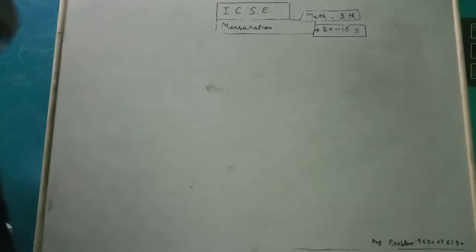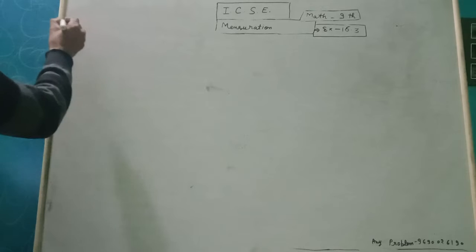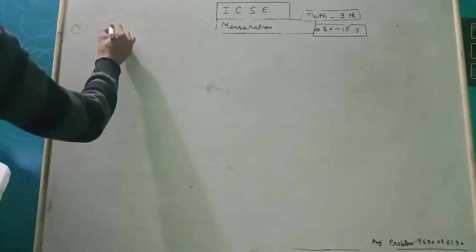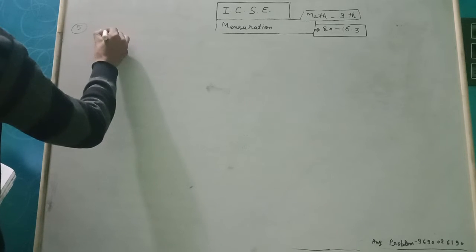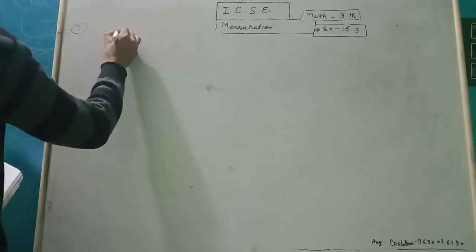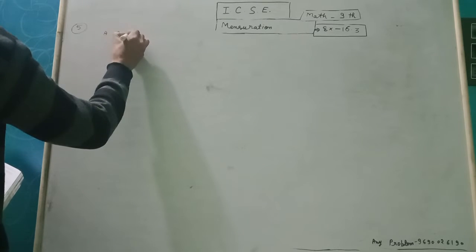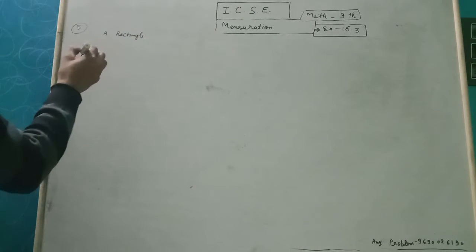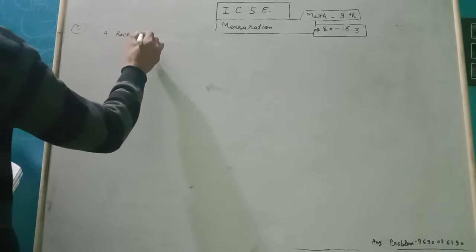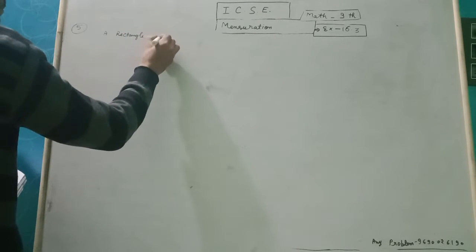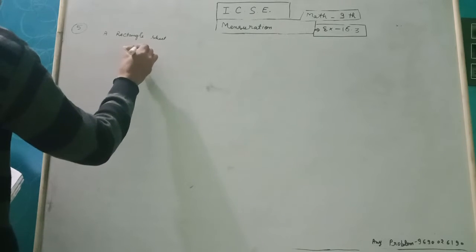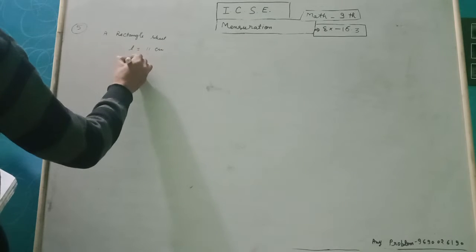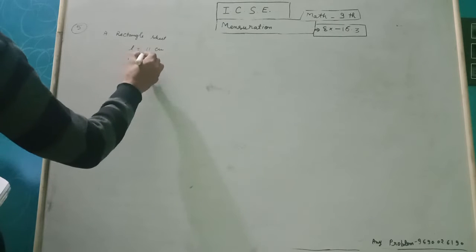Question number 5. Question number 5 is a rectangular sheet. L is equal to 11 cm, B is equal to 2 cm.